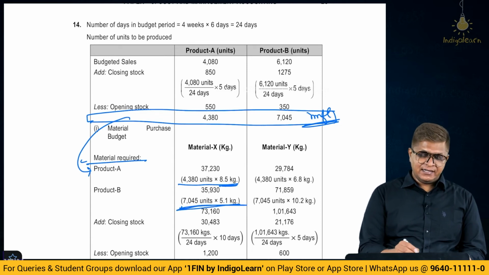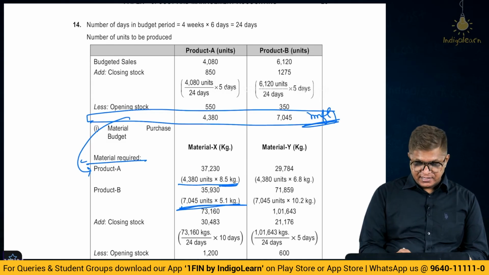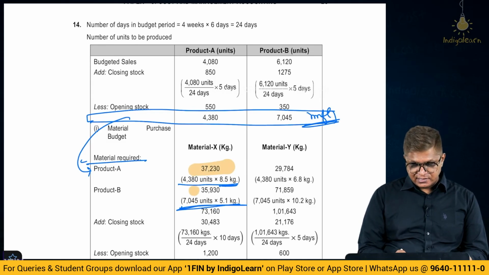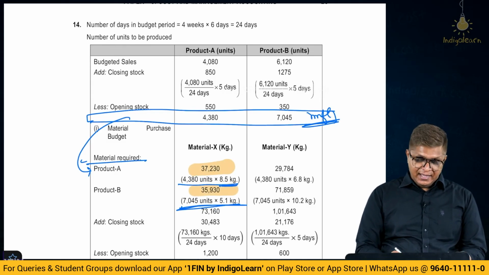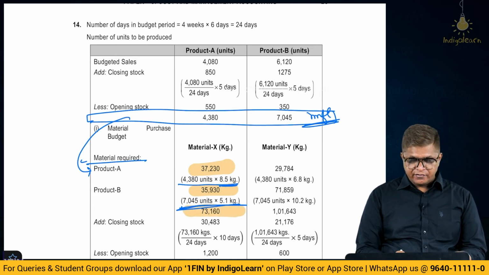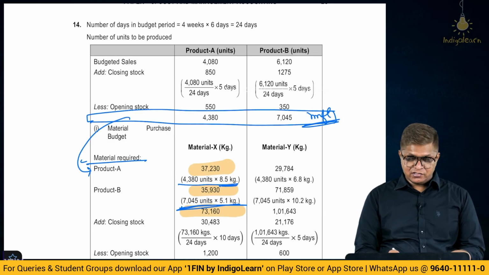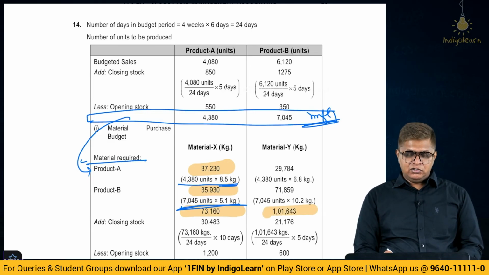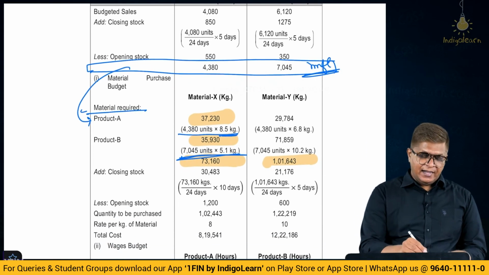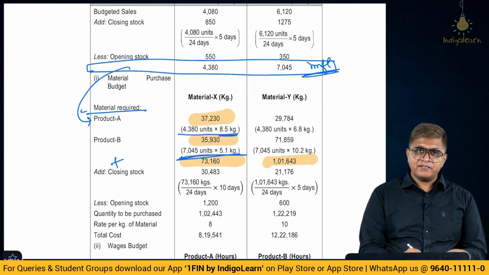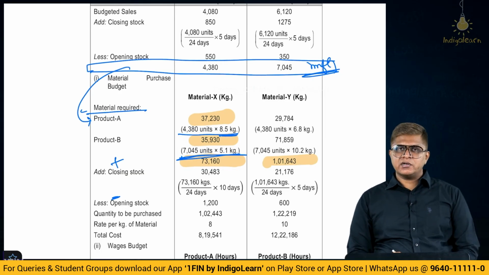So we will understand how much of material X is required for A, how much of material X is required for manufacturing B, and how much is the total requirement of material X, and likewise for material Y. To this, we will add the closing stock requirement and deduct the opening stock that is already available.